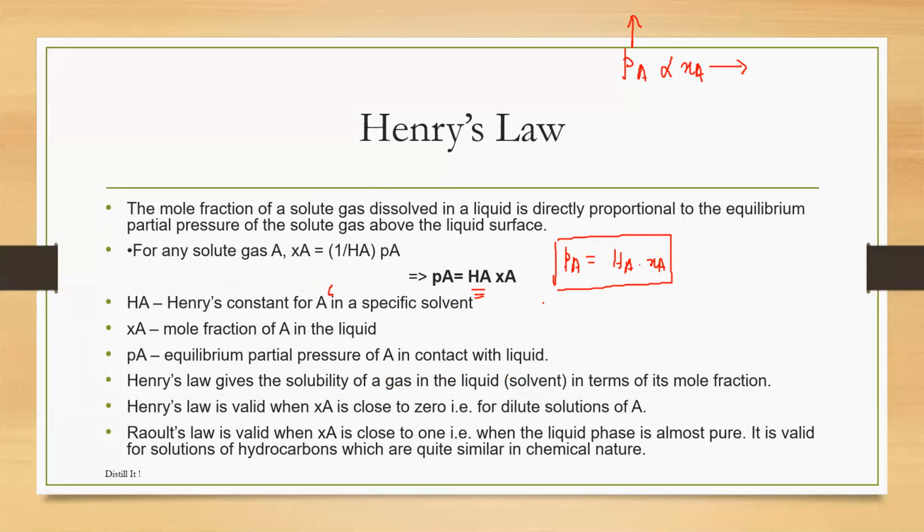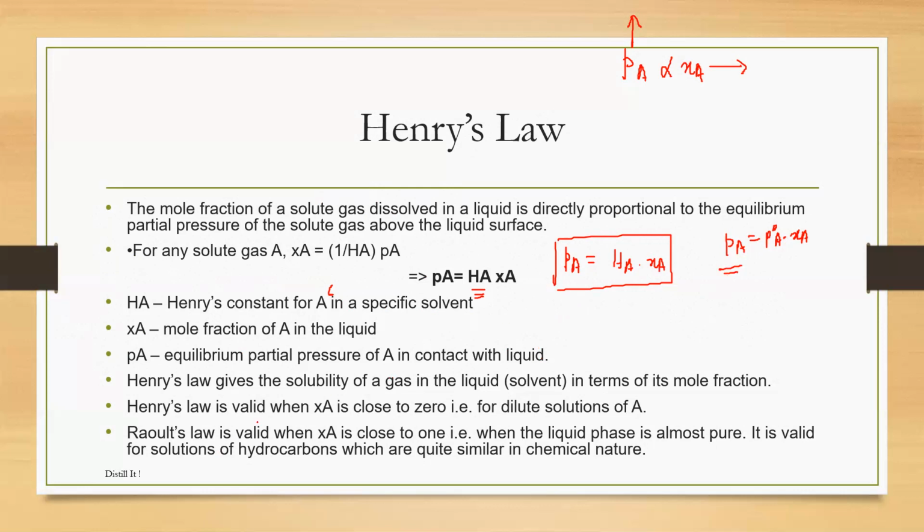Now the question is, why do we have 2 different laws for determining the partial pressure? When to use Henry's law and when to use Raoult's law? When can I use the law PA is equal to P naught A XA, and when do I use the law PA is equal to HA into XA?